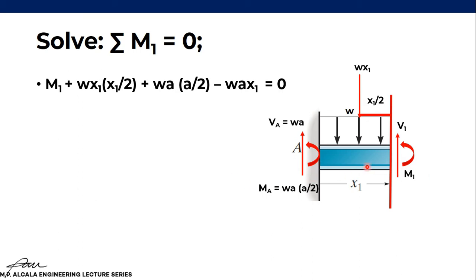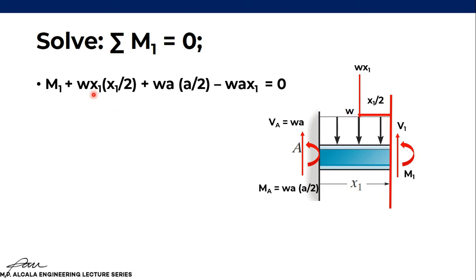Looking from left to right, this V sub 1, what will be the moment with respect to point 1? Zero. You have no moment arm, so this doesn't give a bending or flexure reaction about point 1. Next, W x sub 1 with moment arm x sub 1 over 2.